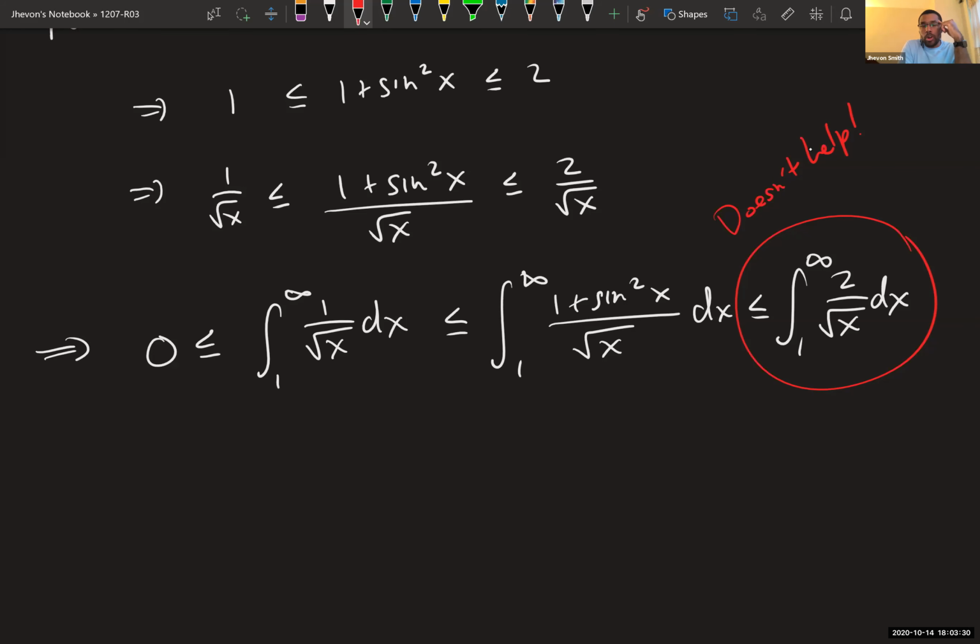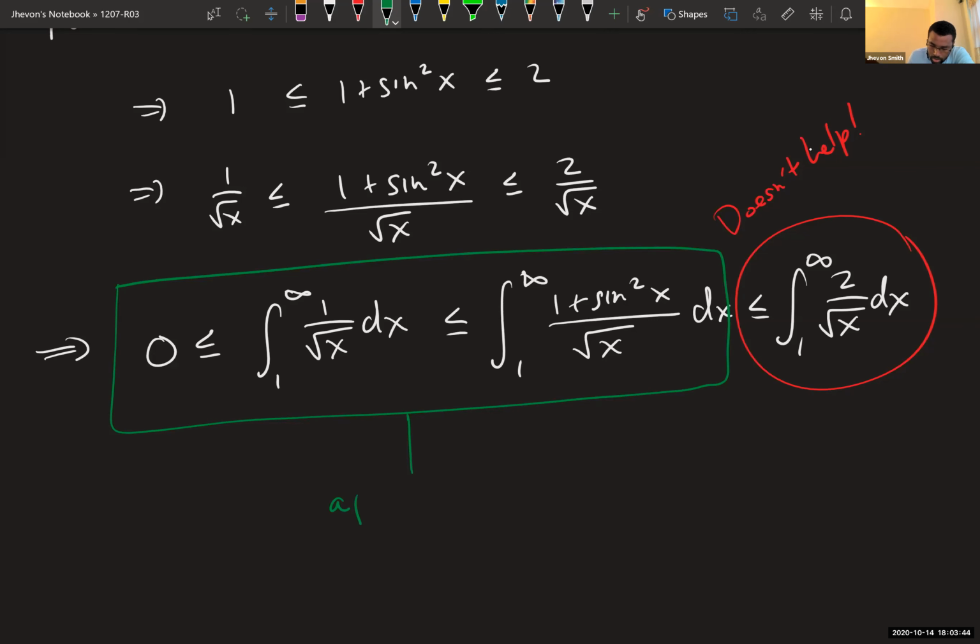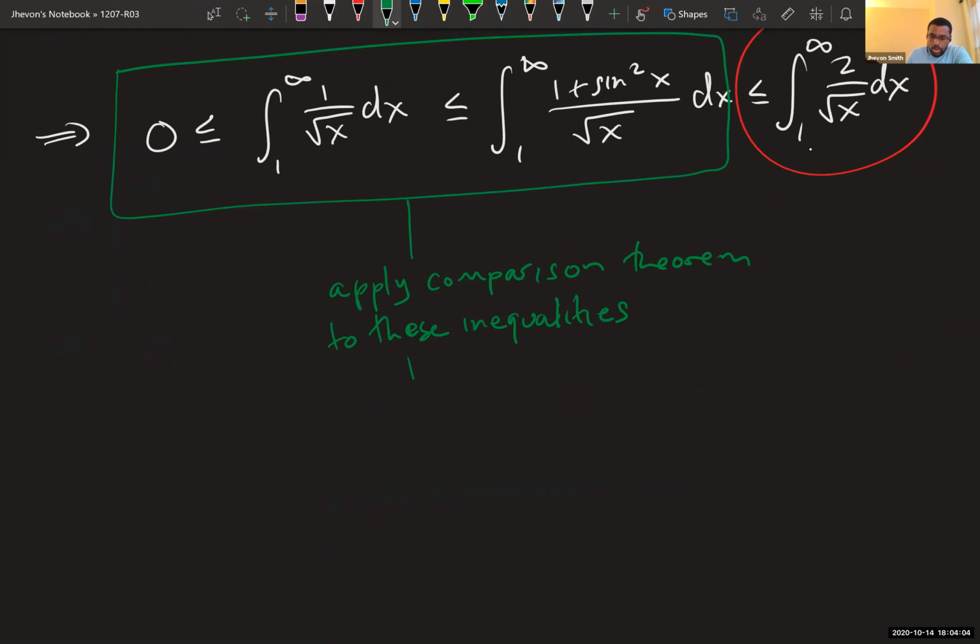However, the first integral that you see there is actually useful because we know it diverges and it's smaller than a divergent integral. So applying the direct comparison theorem here, you would be able to make the conclusion.